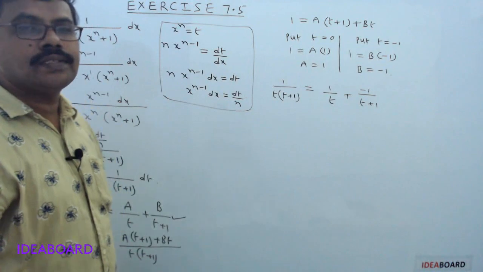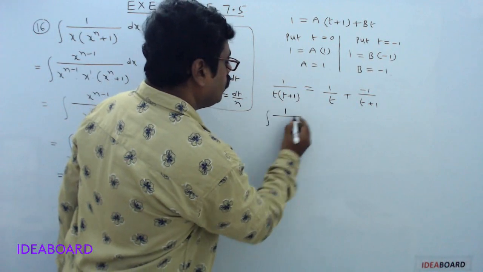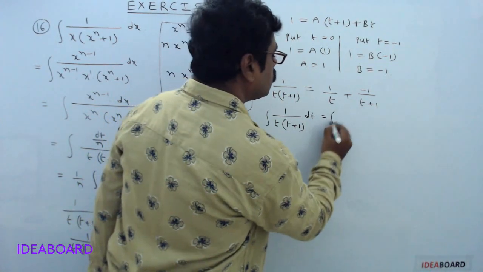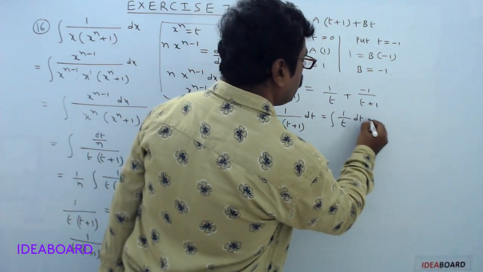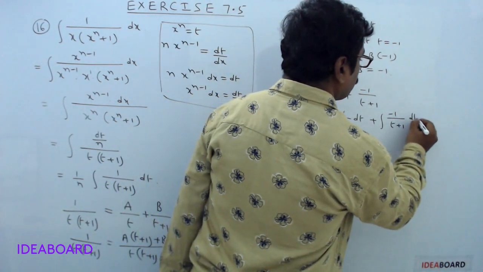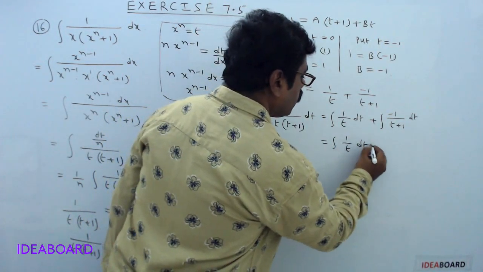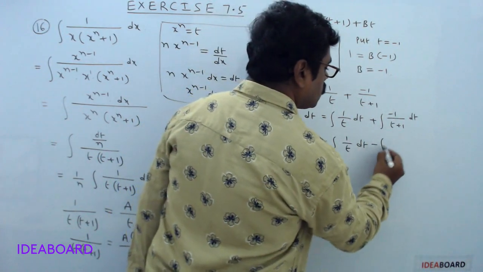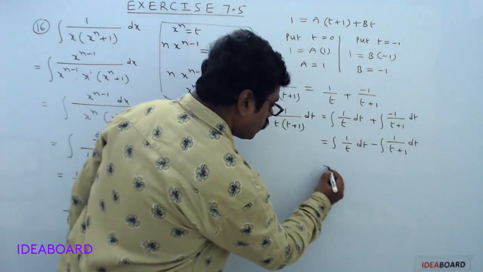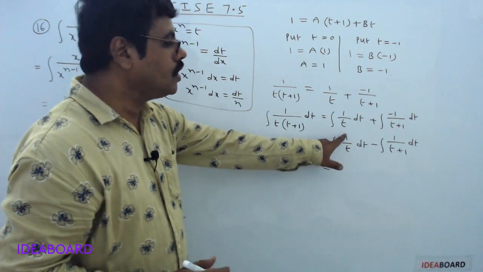Now integrating on both sides with respect to t: the integral of 1 divided by t into (t + 1) dt equals the integral of 1 by t dt plus the integral of minus 1 divided by t + 1 dt. Now this equals the integral of 1 by t dt minus the integral of 1 divided by t + 1 dt.